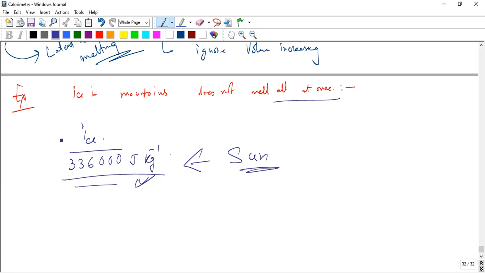That's why ice has a very high specific latent heat.